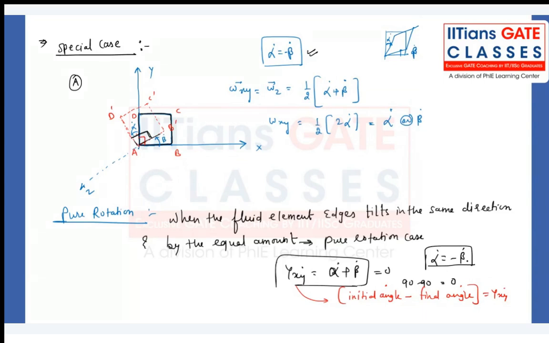So this is called a pure rotation case. Any example of a pure rotation case? Just like a solid body rotation, right? In a tank, you have the fluid, and this fluid has been rotated by some external source.